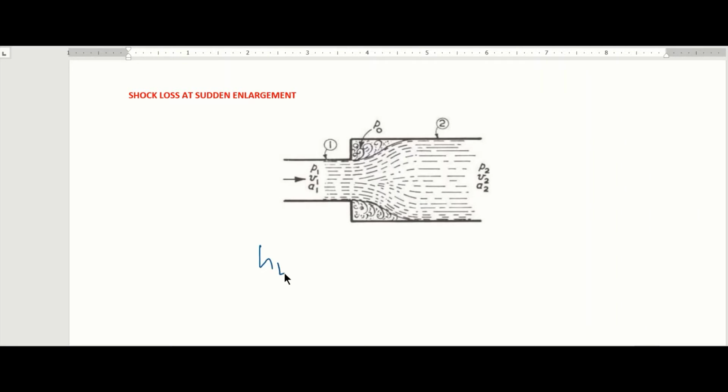HL is equal to (V1 minus V2) squared over 2G. So the V1 and V2 are the velocity at point 1 and at point 2 respectively. G is your acceleration due to gravity. So we can put that in words.